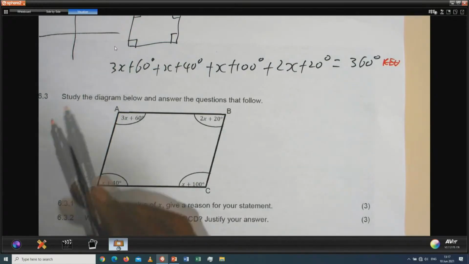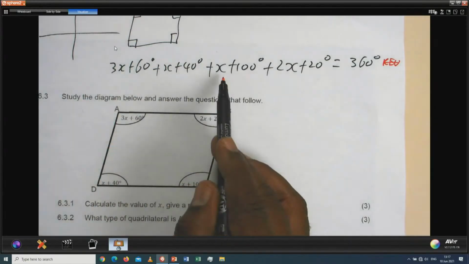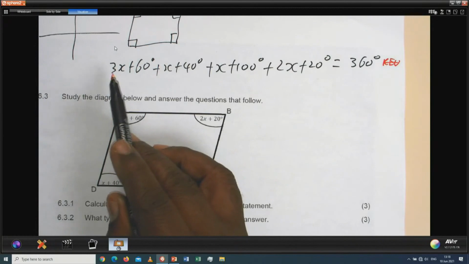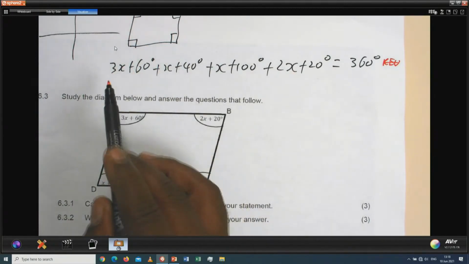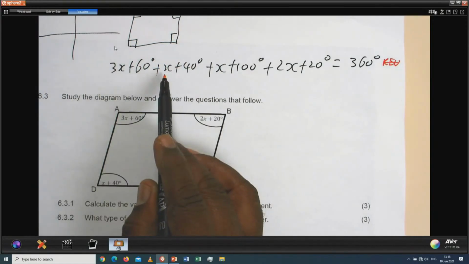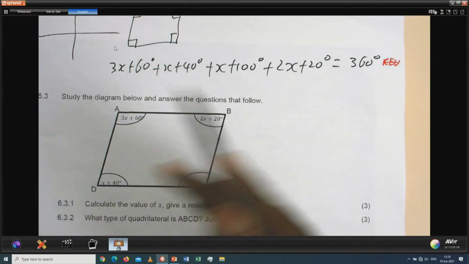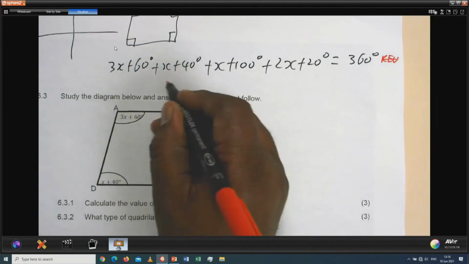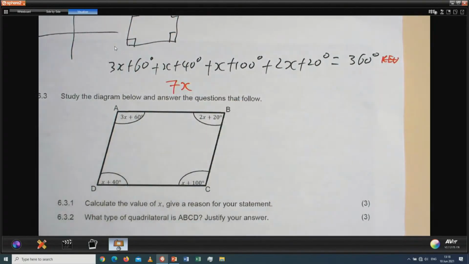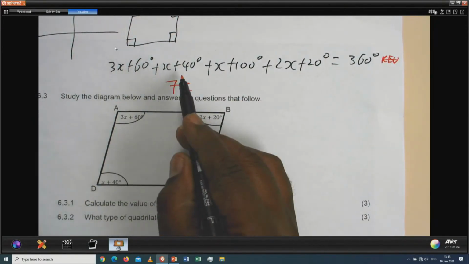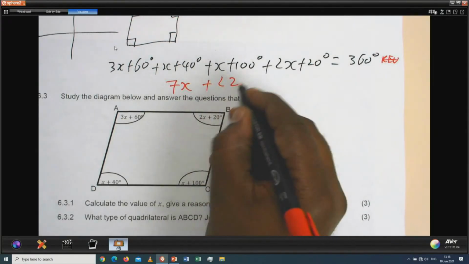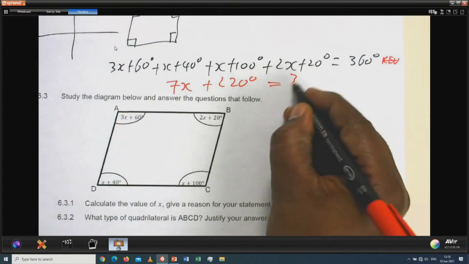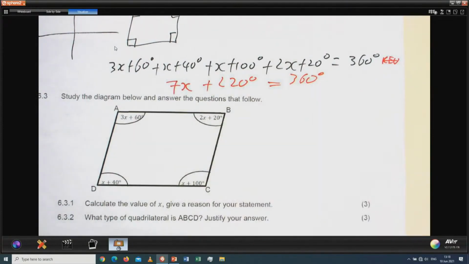Now we're using that tool, like terms. If like terms give you a problem: 3 apples plus 1 apple is 4 apples, another apple, 5 apples, another apple, you've got 7 apples. 60 plus 40 is 100, and 100 and 100 is 200. 200 plus 20 is 220, which equals 360, because of the value of x.